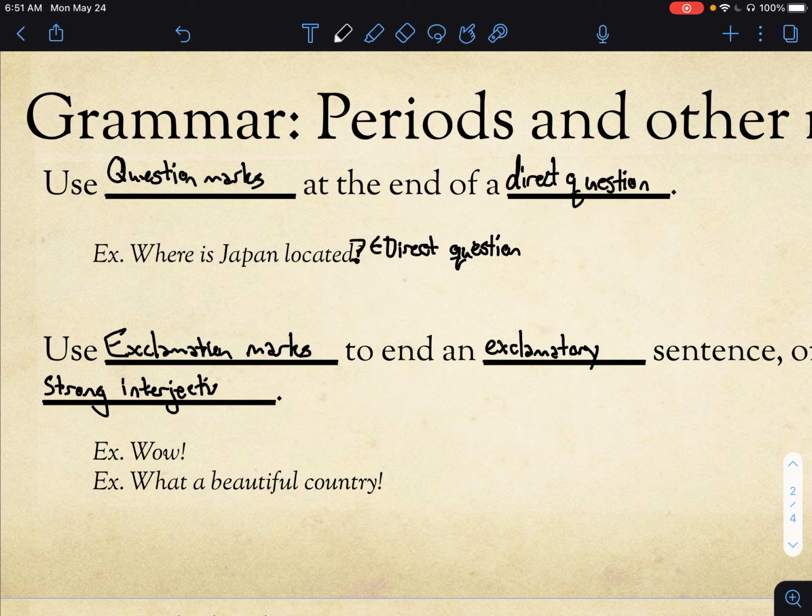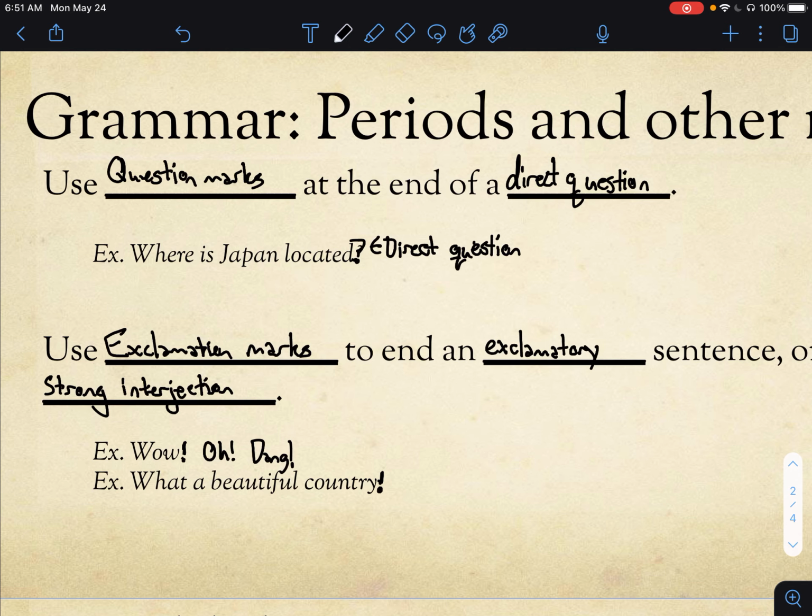So what we mean by interjections is when we say like, wow, or holy cow, those really short phrases that we usually yell out or exclaim, or we're surprised or we're scared. Those are the words. So wow, or oh, dang, things like that. And then our exclamatory sentence, making an exclamation: what a beautiful country!